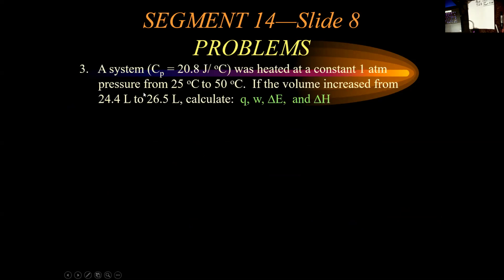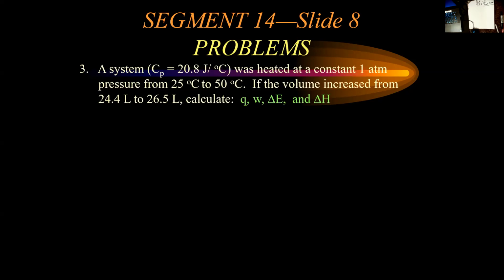Now let's look at a system that has a heat capacity of 20.8 joules per degree Celsius. It's heated at constant atmospheric pressure from 25 degrees to 50, as the volume increases from 24.4 liters to 26.5 liters.